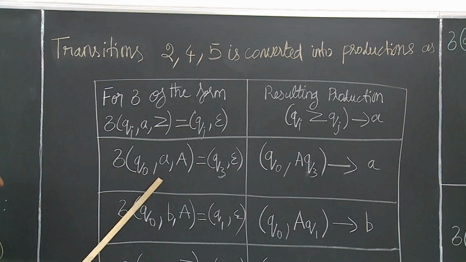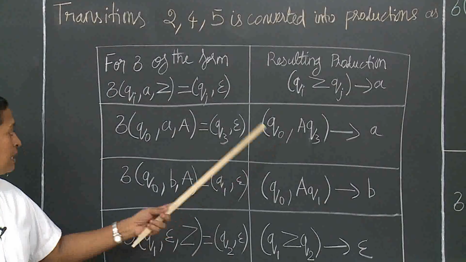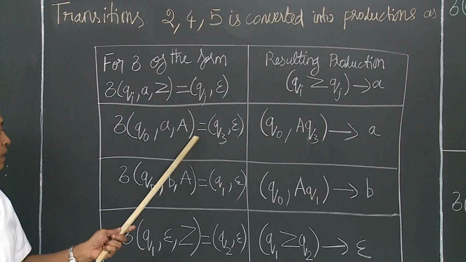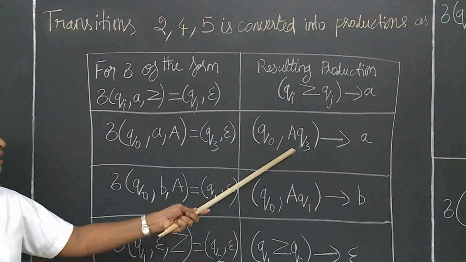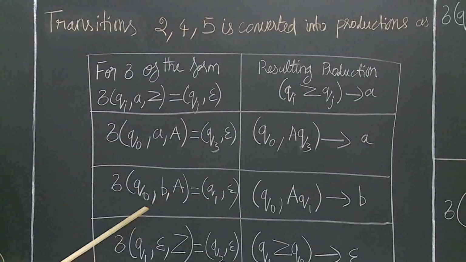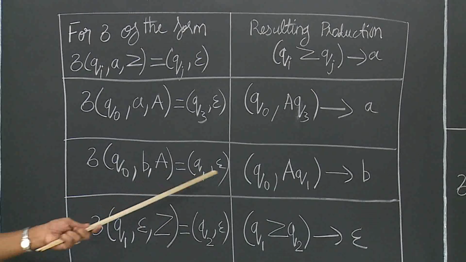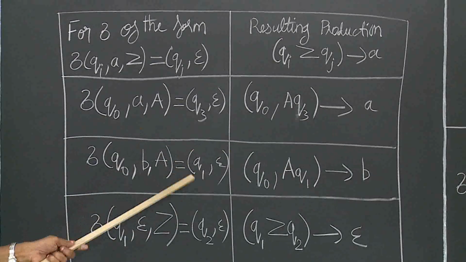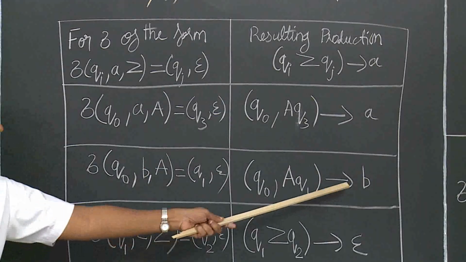For this transition, the corresponding production is Q0, then the top of the stack is A, the resultant Q3 will be here, and the input symbol is this. Similarly, for this transition, the Q0 will be here, the top of the stack is this, the moving state Q1 will be here, then by accepting the input symbol it will be here.